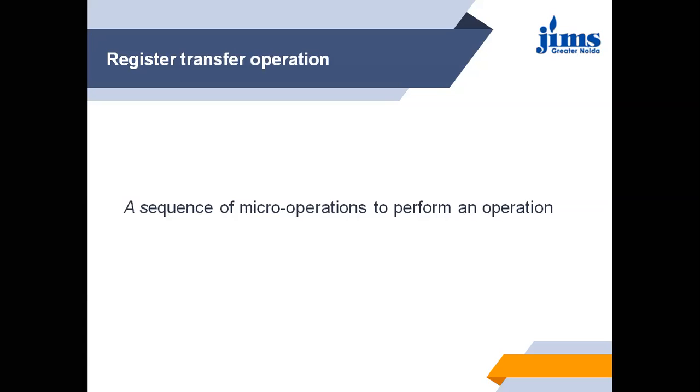Now, register transfer operations: a sequence of micro operations. I told you about micro operations: the smallest operations that can be performed on registers. So a sequence of micro operations to perform an operation is the register transfer operation.